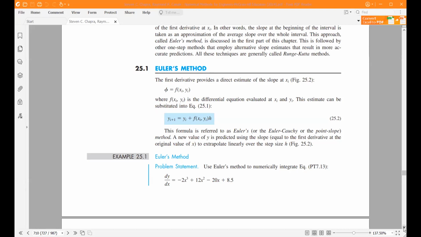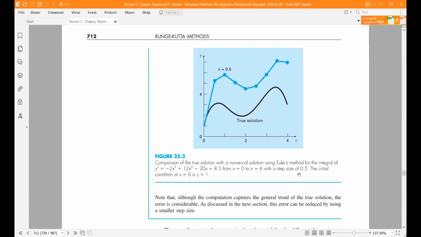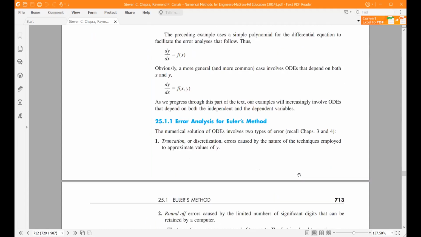Then this method can be further improved by approximating the slope in a different way. Some examples are there with some discussion. You just try to go through it to know how Euler's method works, how the step size has been changed, and how the solution is improving and going closer to your actual value.